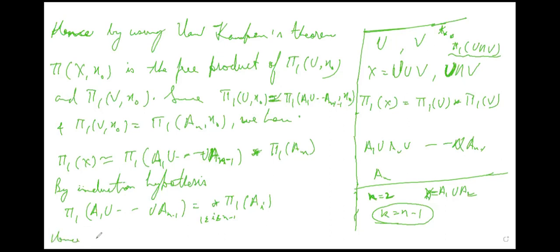Hence pi1 X is simply, so this is exactly this. So what we have, this is nothing but the free product over i equal to 1 to n of pi1 Ai, right? Okay.